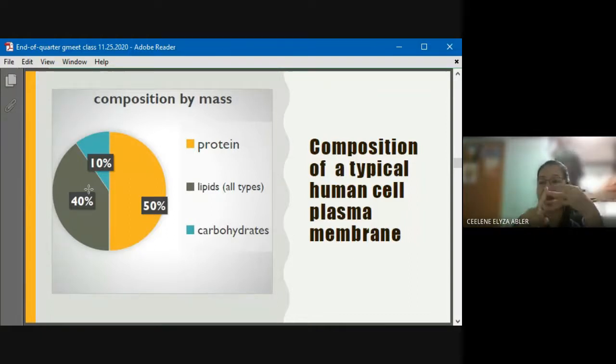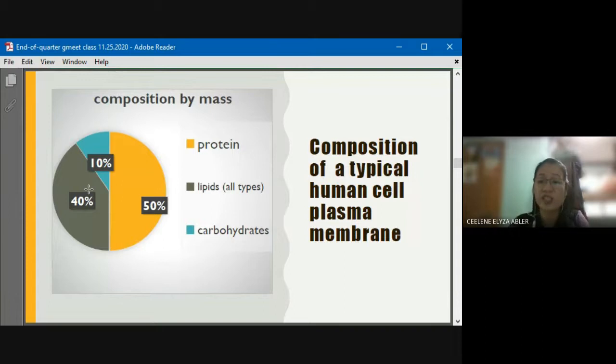You have your unsaturated na fatty acids. And sa unsaturated, they are the ones that have double bonds. And we have your saturated fatty acids, saturated because they are saturated with hydrogen, yung carbon structure niya. So, wala siyang double bonds. Single bonded lang siya lahat.